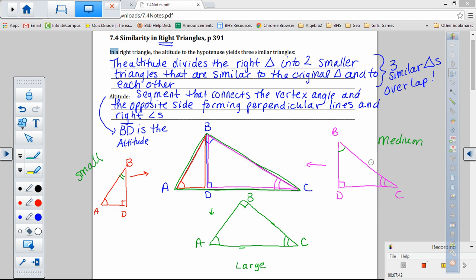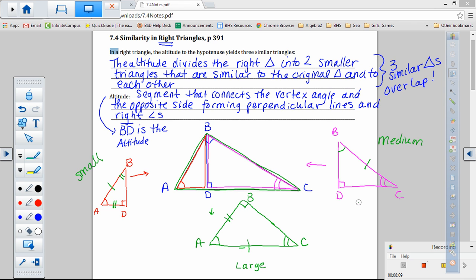Let's mark them. Hypotenuse, hypotenuse, hypotenuse. All the hypotenuses have been marked, okay? Let's mark all the sides that have 1 bar and a right angle. So I'm starting in my small triangle. 1 bar and a right angle, those 2. Go to the large triangle, 1 bar and the right angle, those.